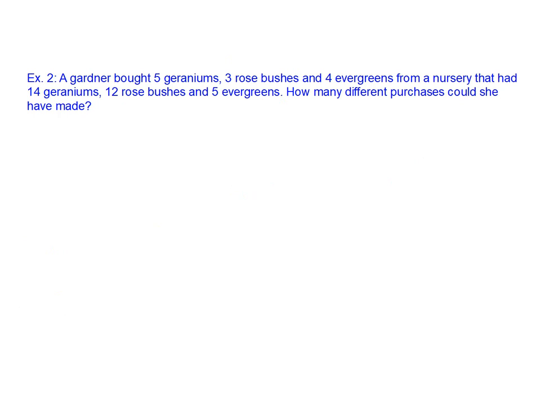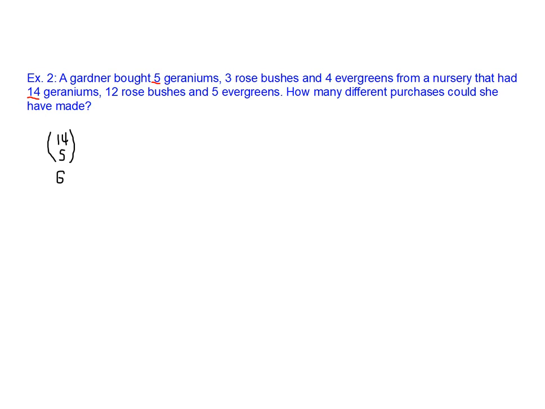We have 14 geraniums to start with, and she's going to buy 5 of them. How many different ways could she choose 5 geraniums from 14? That's just 14 choose 5. Put a little G down here to remind us that's for the geraniums.